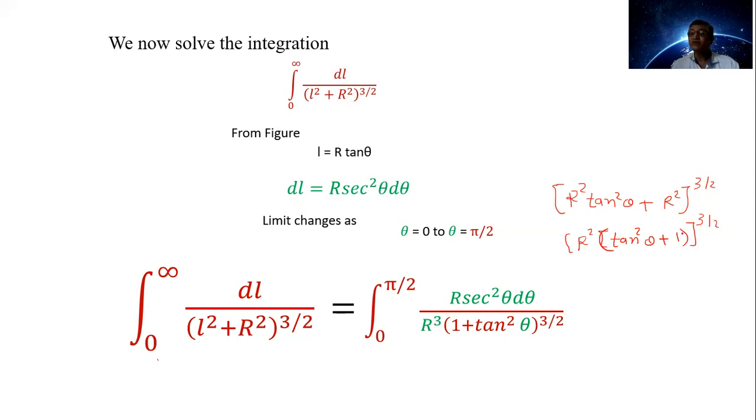Now we can remove the square bracket, that means r square raised to 3 by 2 gives us r cube, and hence finally we get this term as r cube [tan square theta plus 1], and so we write in the denominator r cube [1 plus tan square theta] bracket raised to 3 by 2.